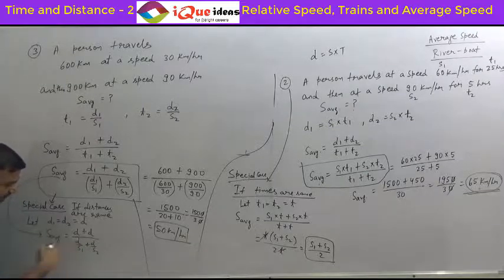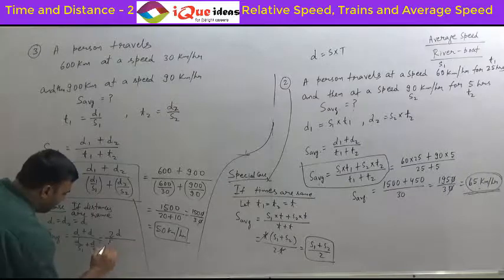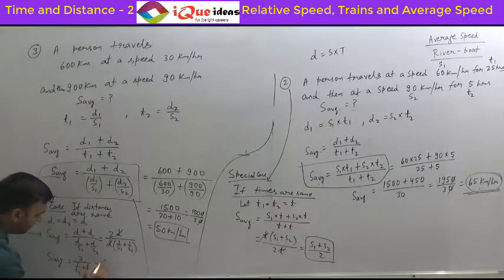So from here d will come out. So in numerator we have 2d and in denominator we have d into 1 by s1 plus 1 by s2. So d gets cancelled out and we will have s average equal to 2 upon 1 upon s1 plus 1 upon s2. And you simplify to get 2 s1 s2 upon s1 plus s2.